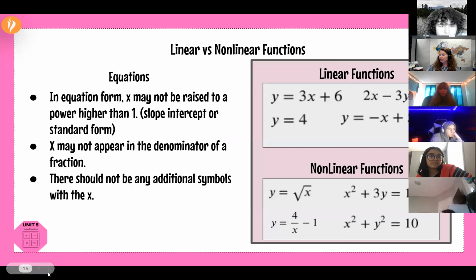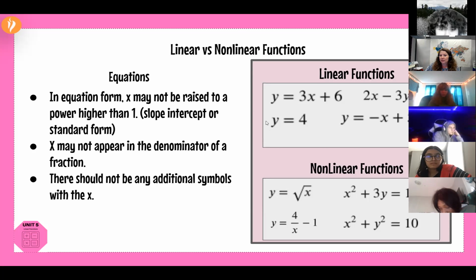Okay, so just some general rules of linear functions. As long as your variables x and y are raised to the power of 1. So remember, if you don't see an exponent, it's a 1. So here, this equation is in slope-intercept form, right? This equation is in slope-intercept form. This one right here isn't right now in slope-intercept form, but it would be easy to solve for y and put it in slope-intercept form.